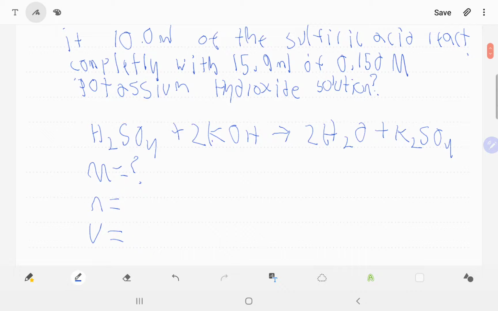So now we need to look at what we are given and what we are missing. Right now for H2SO4, we are missing our big M. We are given our volume, which is 10. And our n is missing as well. For KOH, we are given our volume, which is 15.9.